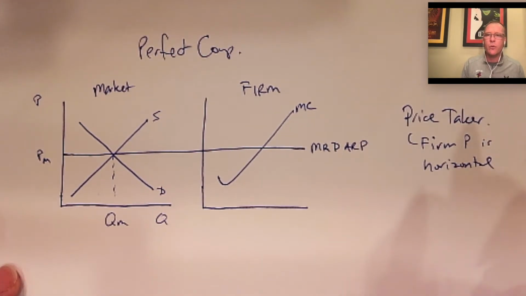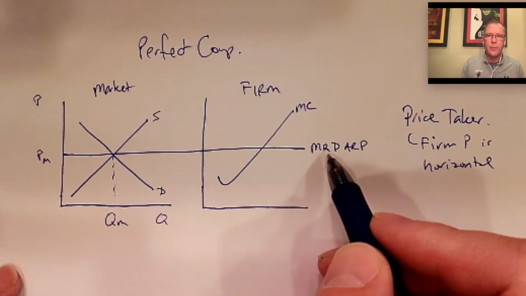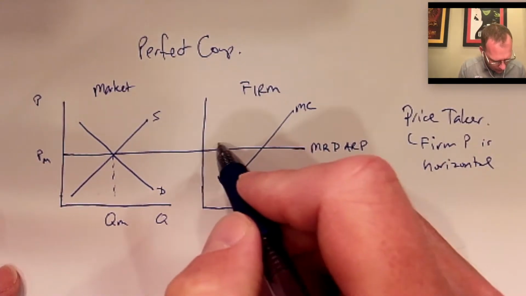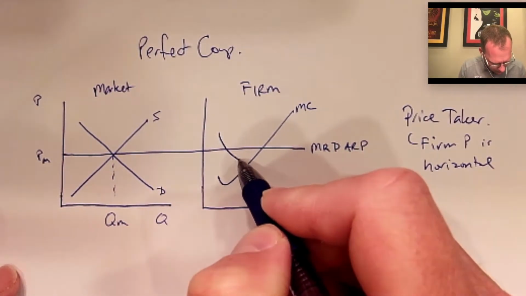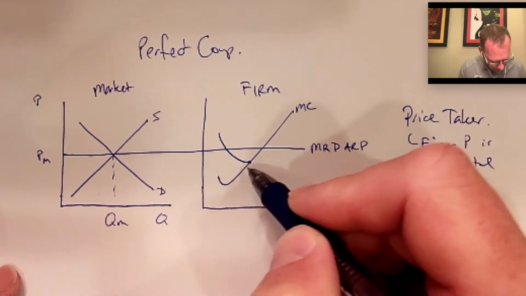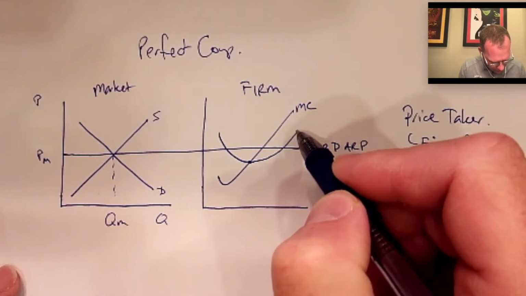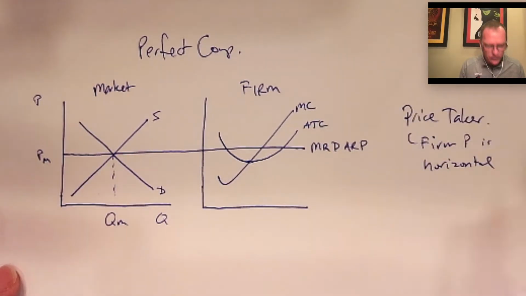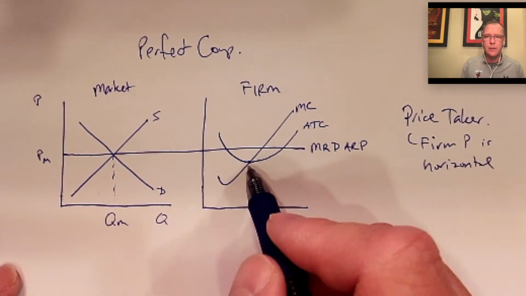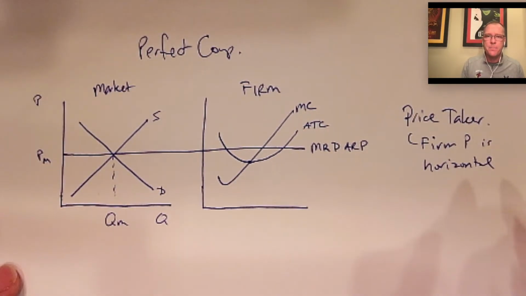Let's say we were making a profit at the beginning, so my per unit marginal revenue is greater than my cost. Remember, you have to bottom out your average total cost curve on your marginal cost curve, so be specific as you're putting that in.